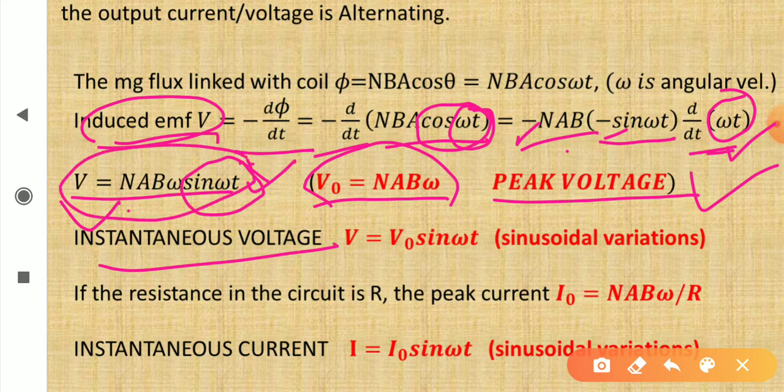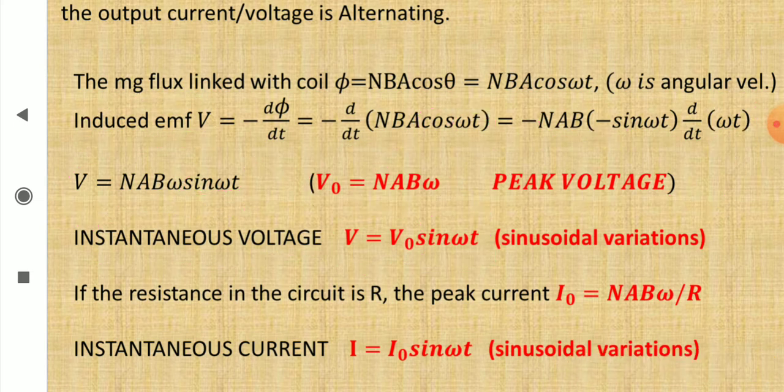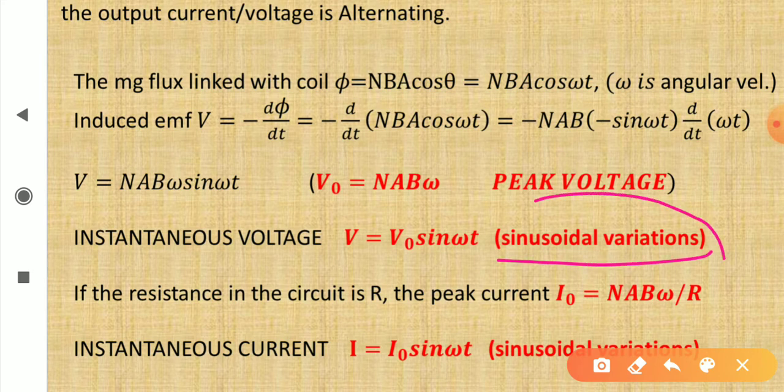That means voltage at any time is given by this relation, V is equal to V naught, putting the value of NAB omega, V is equal to V naught sine omega t. And here you can see that the variations are according to this sine function. So the variations of voltage are sinusoidal. That is why we have shown you a sine wave, right?